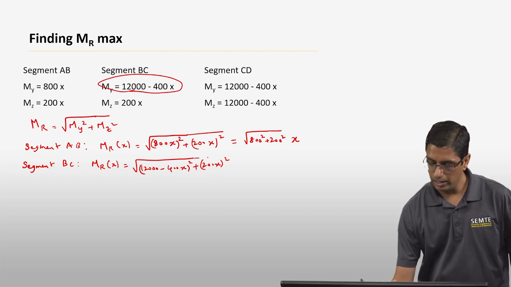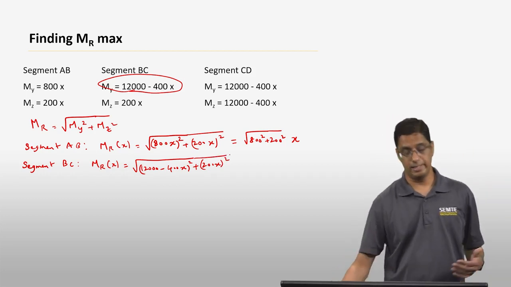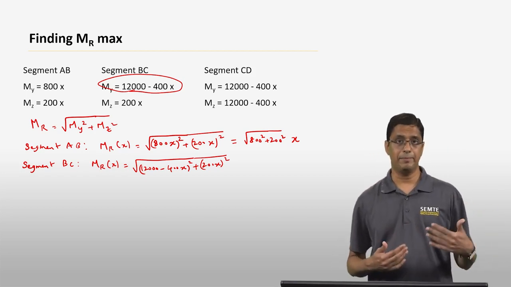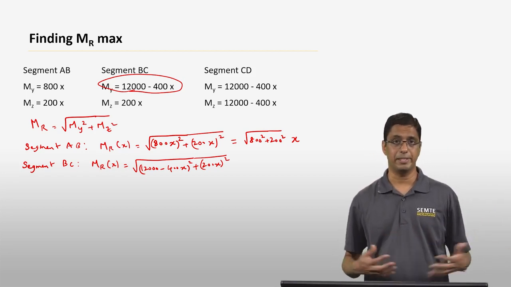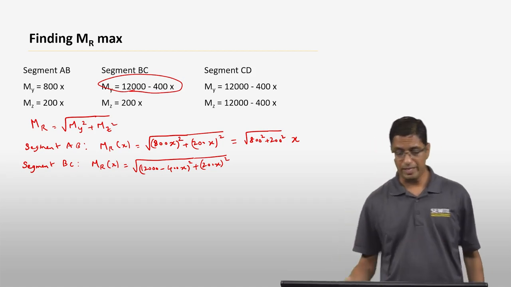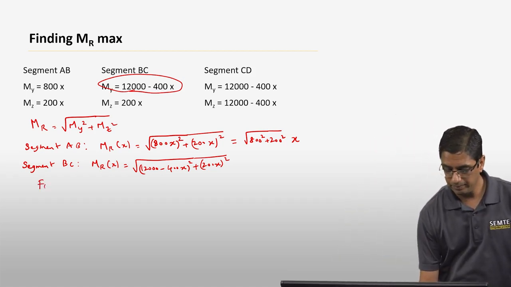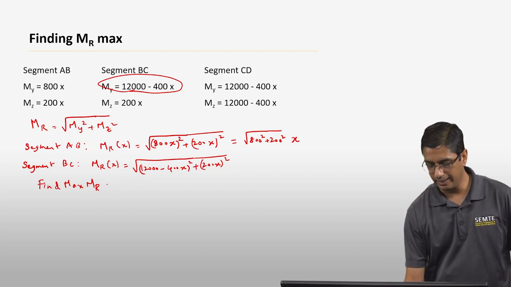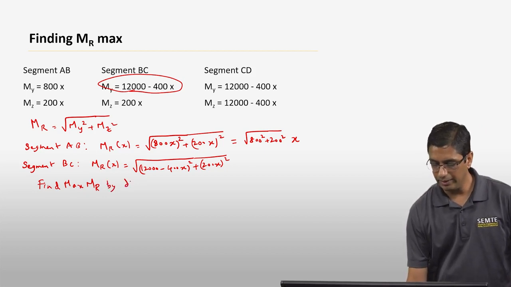Okay. So now we have written out the expression for MR for segments AB and BC, and of course you can do this also for segment CD. Now once you have this MR of x, we can find out max MR for each of the segments by taking the derivative.